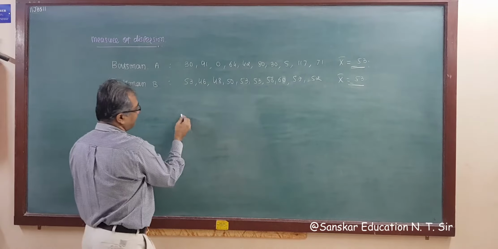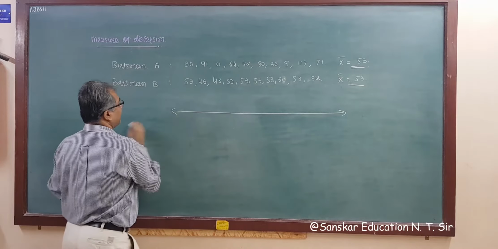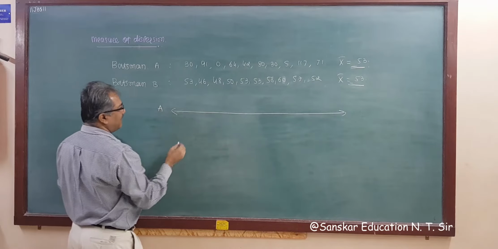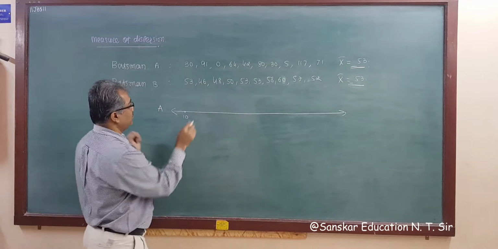Suppose we draw a graph. We draw a graph for batsman A. I think we have to take 0 also.